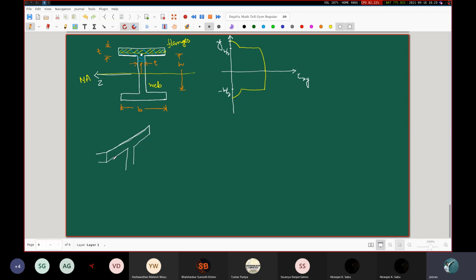Because on that bottom surface, the tau yx is equal to 0, so also the tau xy is going to be equal to 0 here. That is what I'm saying at this part. But at this part, the tau xy is not equal to 0. So this is 0, but this is not equal to 0.